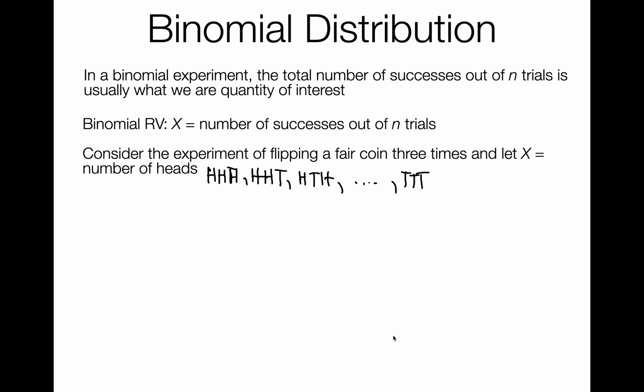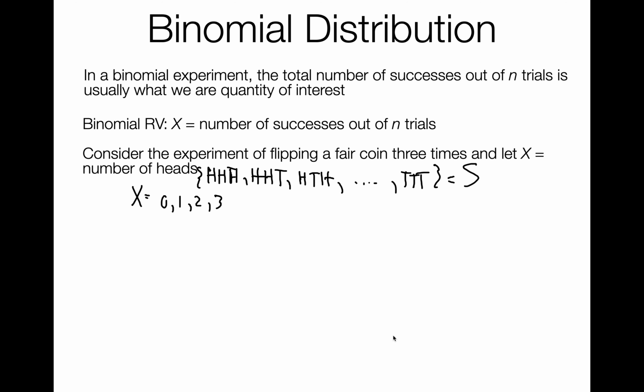And so the random variable X is going to go through each of these outcomes in the sample space S, and it's going to count how many heads I see. So possible values of X here are 0, 1, 2, and 3.